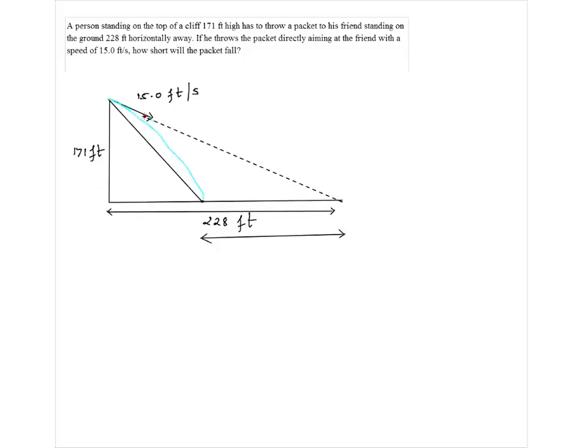This is not horizontal projection, but no problem. Let's break the velocity into two pieces, initial velocity, like that. If this angle is theta, then we have u cos theta and u sin theta.